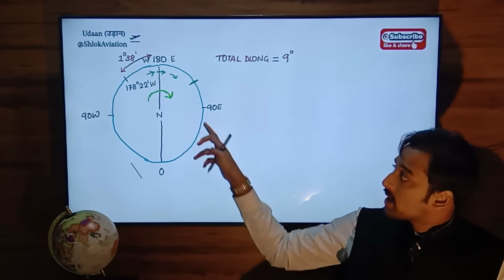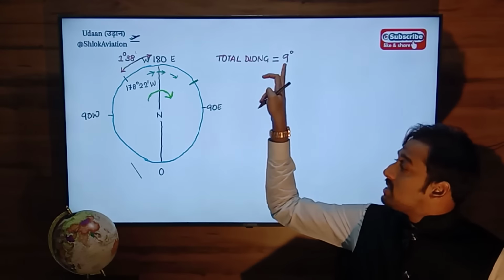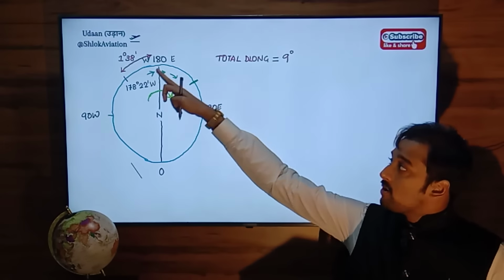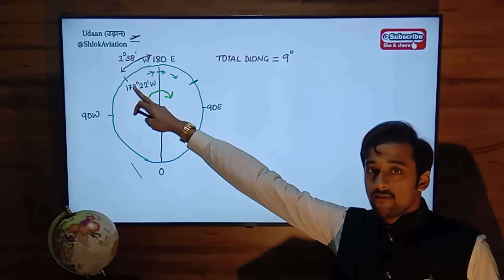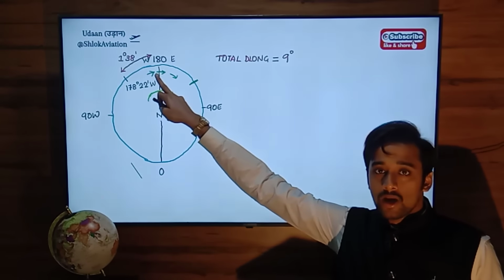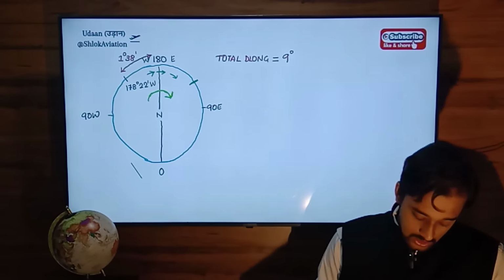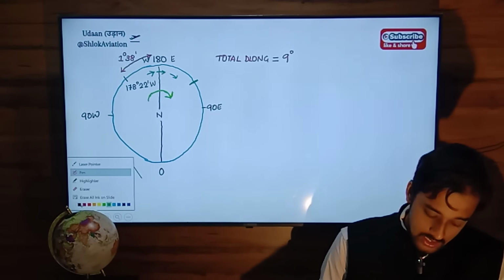And let's find this final longitude. So the total is 9 degrees. Out of that 9 degrees, 1 degree 38 minutes was travelled from the initial longitude to the 180 degree anti-meridian. So the remaining D long is how much?